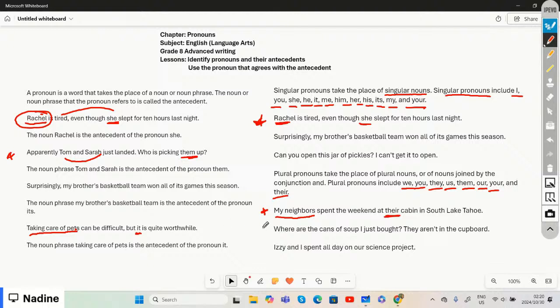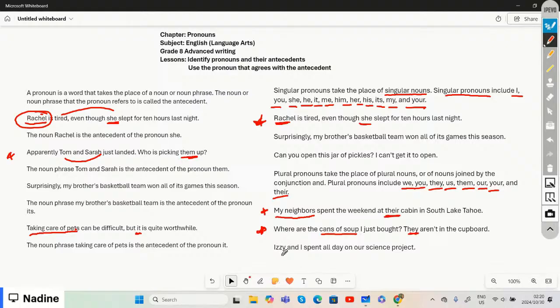The next one says, where are the cans of soup I just bought? They aren't in the cupboard. So cans of soup, they aren't in the cupboard.